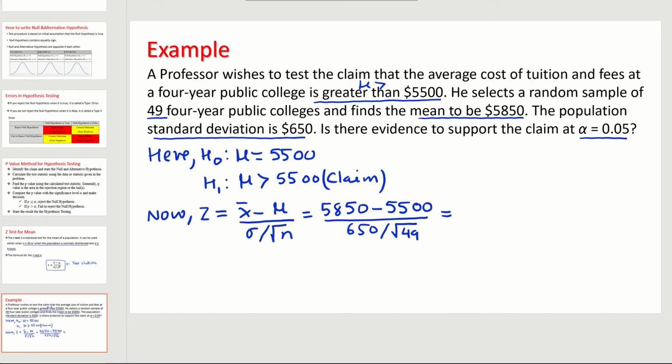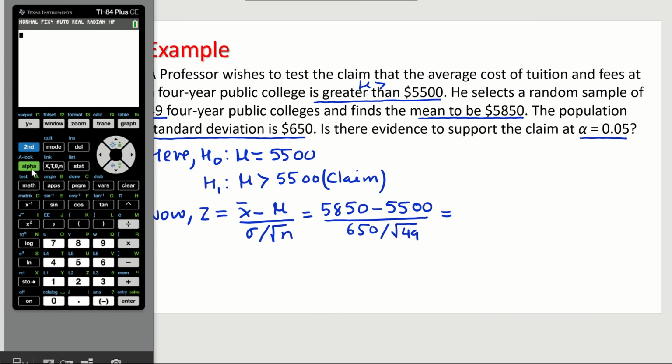Okay, let's use our calculator to find this. I am going to use the fraction bar there, and in the numerator we have 5,850 minus 5,500, in the denominator 650 over the square root of 49.